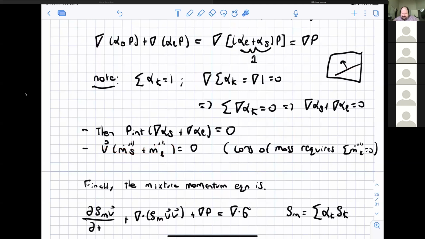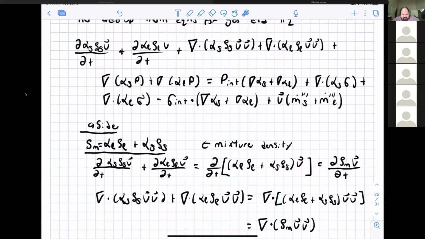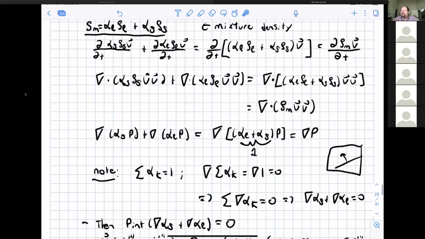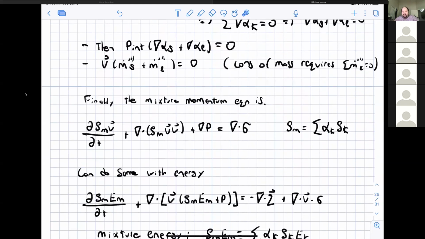And so what we are left with, if we use these simplifications on all of these terms, and I have another sum of the gradients of the volume fractions here, and if I work through all these assumptions and use the definition of the mixture density, is this expression right here, and it is nothing more than the normal, usual momentum equation.